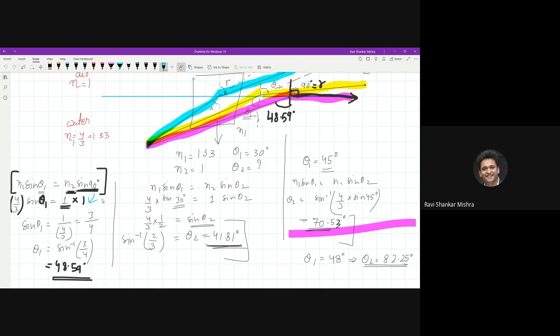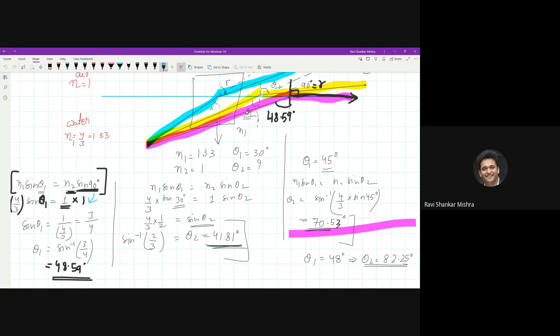The angle of incidence at which the angle of refraction becomes 90 degree, that particular angle of incidence is called critical angle.